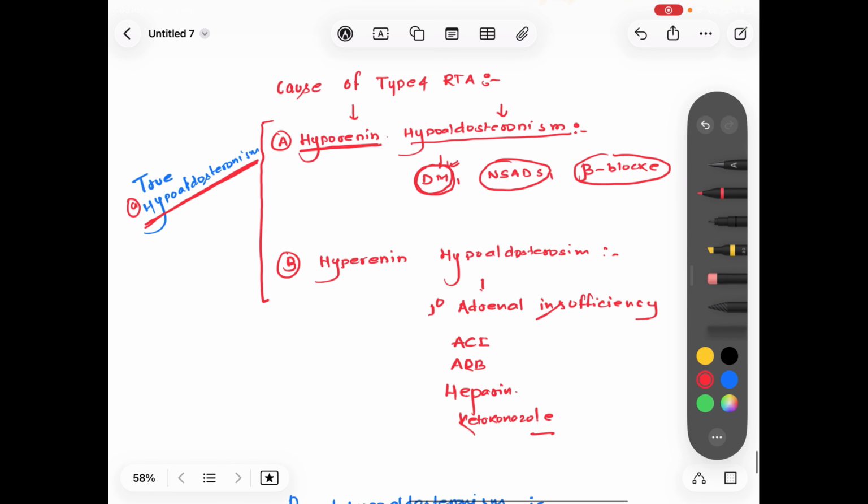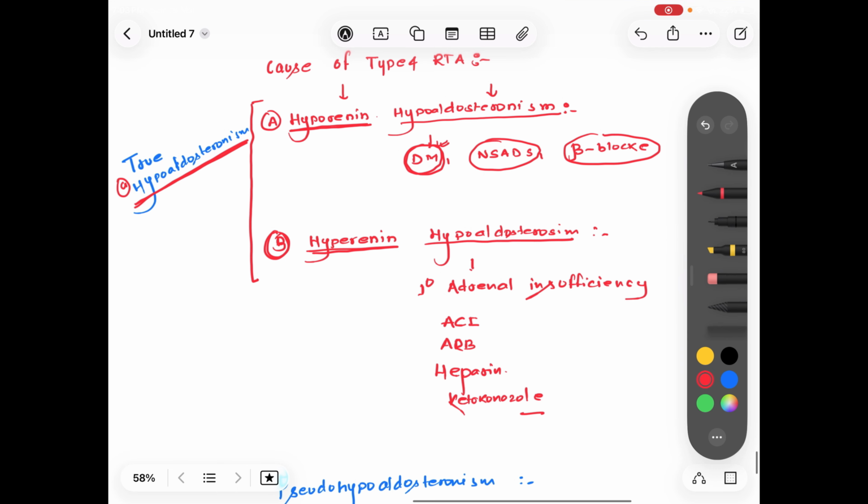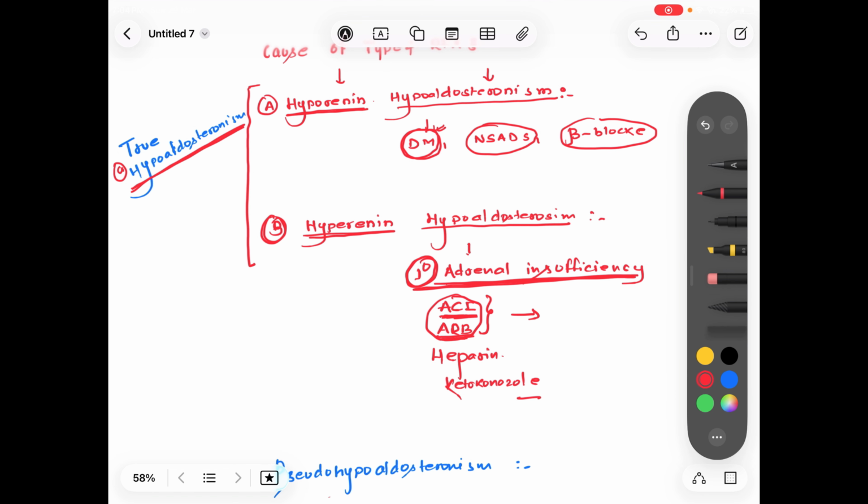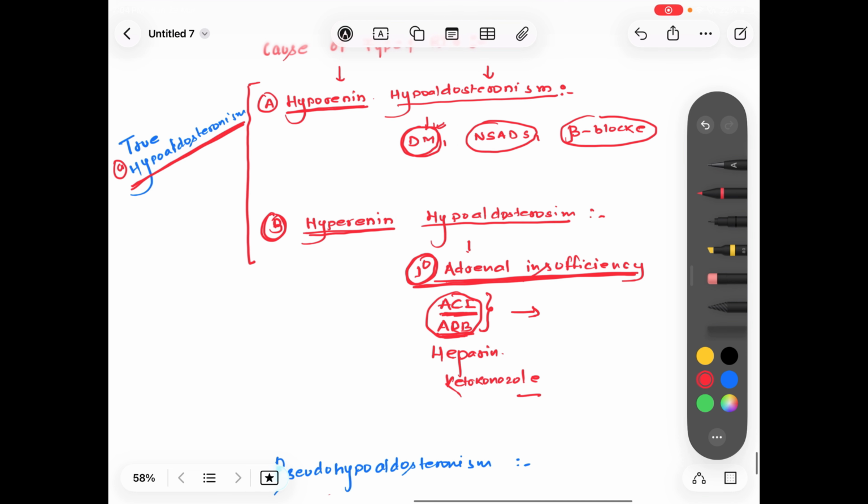Second cause of true hypoaldosteronism is hyperreninemic hypoaldosteronism. This can occur because of a defect in the adrenal, insufficiency can be the cause. Or hyperreninemic hypoaldosteronism can be because of primary adrenal insufficiency or drugs like ACE inhibitor or ARB. In these two drugs there is increased renin.